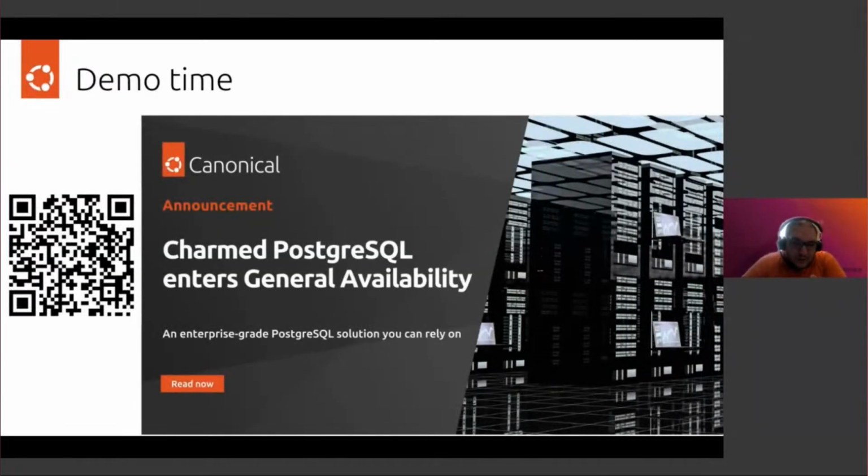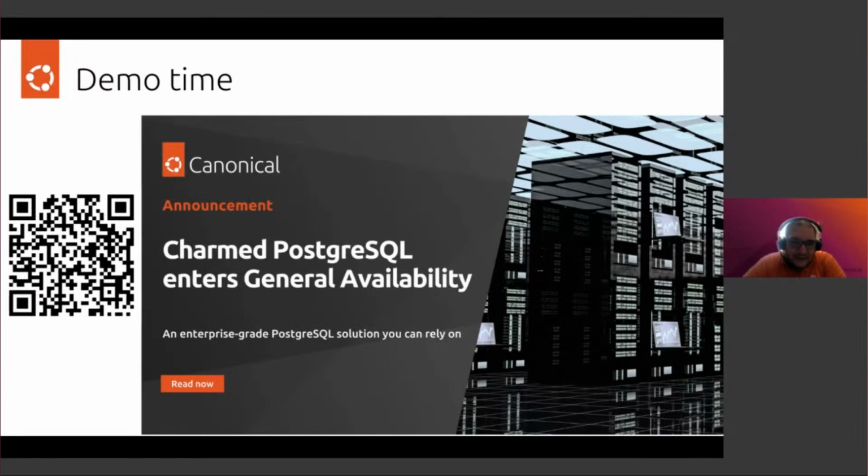Another good news here is that Charmed PostgreSQL, which is the name that we give to all the services that are provided by Canonical around Postgres, entered GA today, actually, and you can read the announcement using the QR code again, or searching for the title using your preferred search engine.